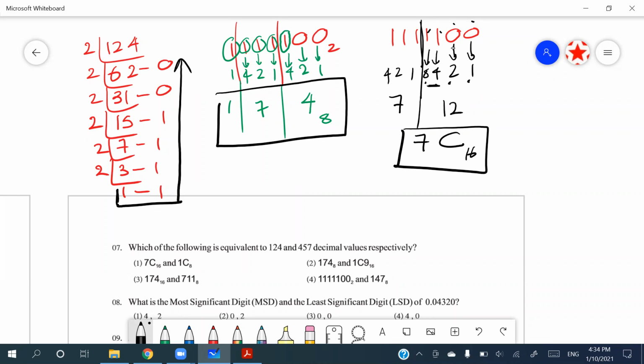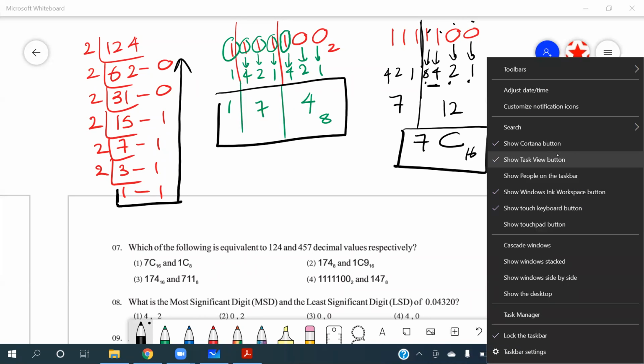So the first answer is correct in all the ways, and the second value, which is 457, we have to figure out. So it is in octal and hexadecimal. 457, when we are converting this into octal, we have to divide it by 8, right? So 5 times 8 is 40, and 57 has 7.